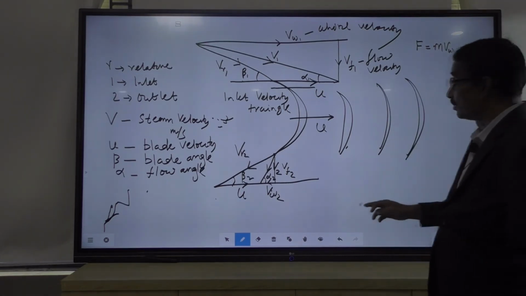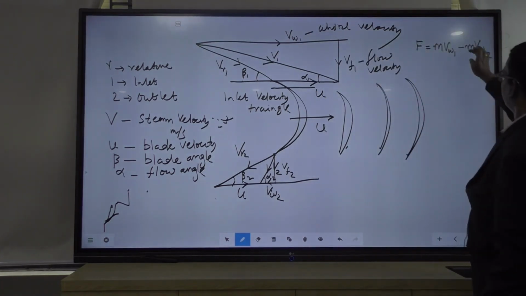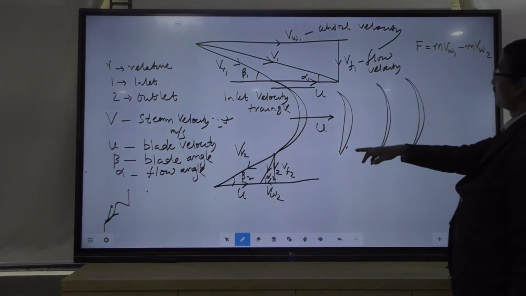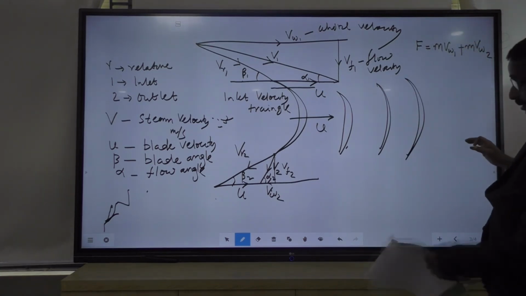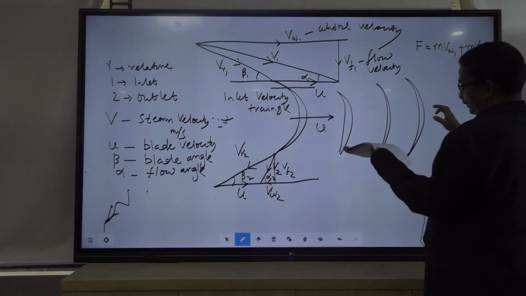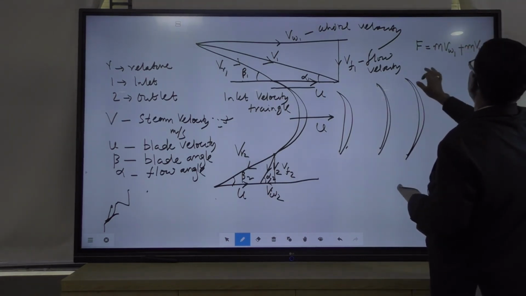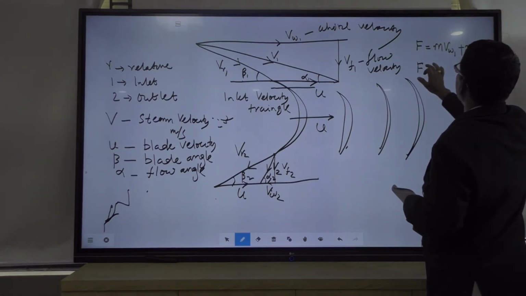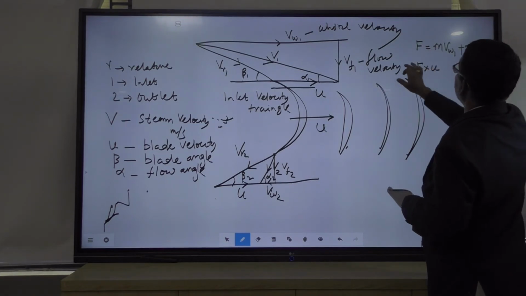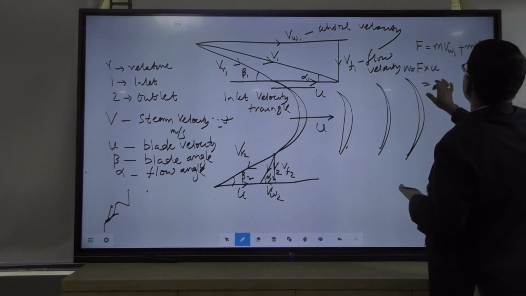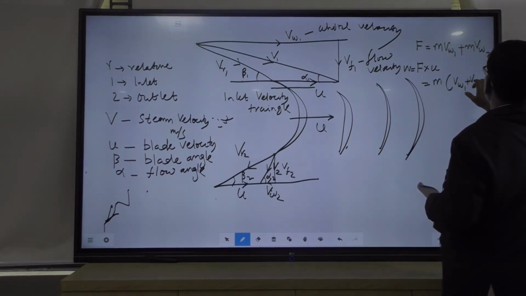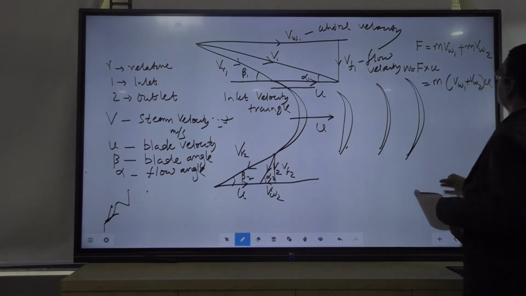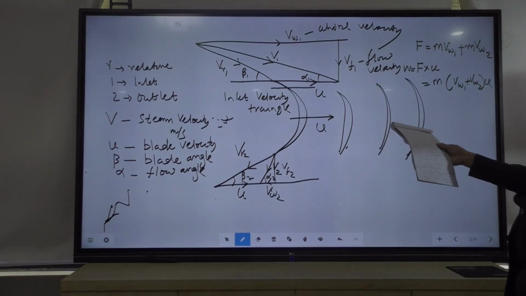Here Vw2 is opposite in direction, so it is minus into minus, so the difference will be plus. Then the work done will be force into velocity u. So, finally it will be m (Vw1 plus Vw2) into u. So, this is the work output of the turbine.